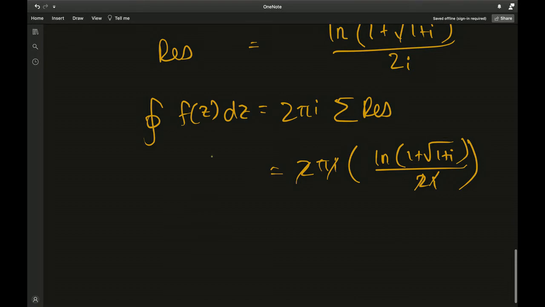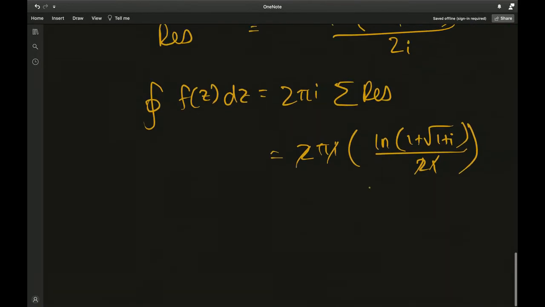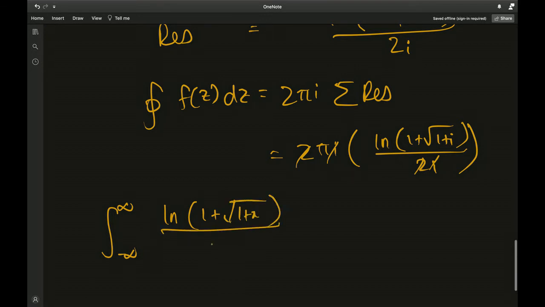Our contour integral, now we can plug in this: the integral from minus infinity to infinity of natural log of 1 plus square root of 1 plus x divided by 1 plus x squared dx is equal to just pi times natural log of 1 plus square root of 1 plus i.